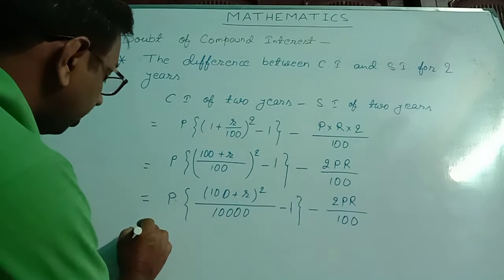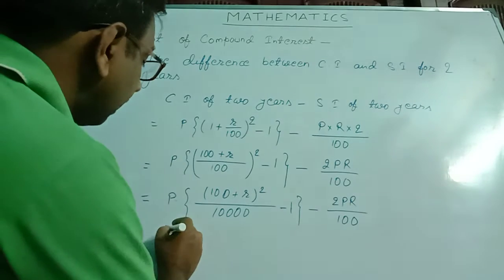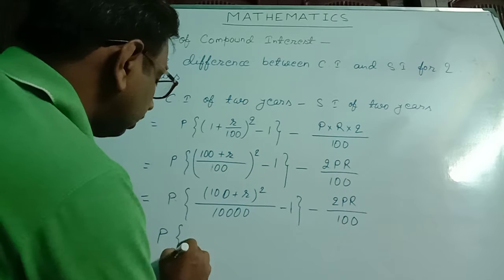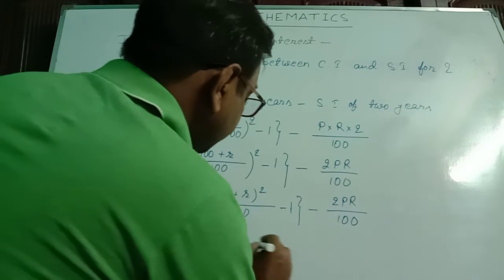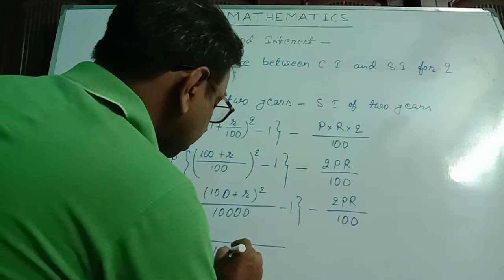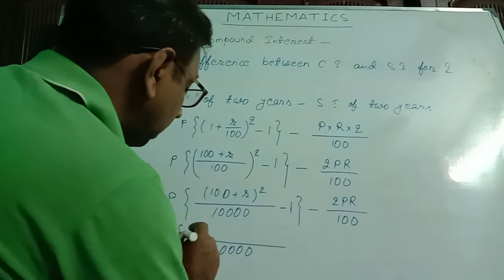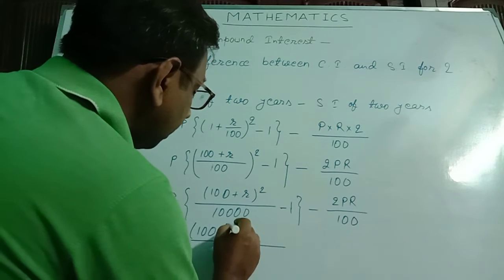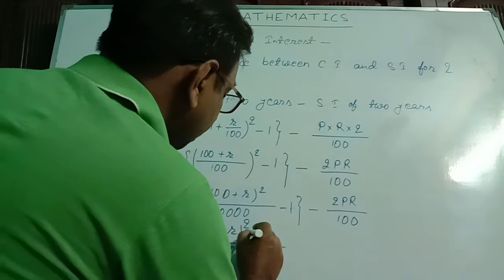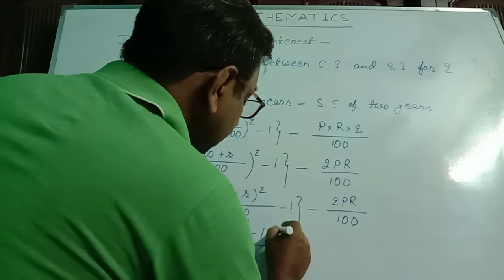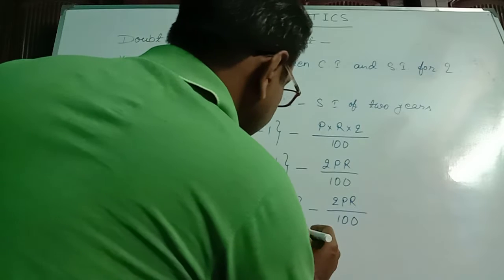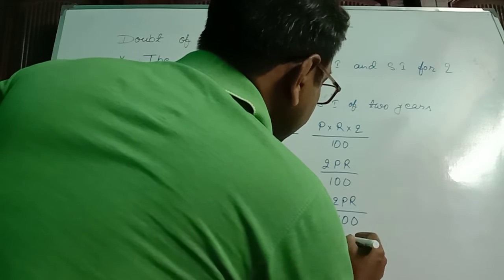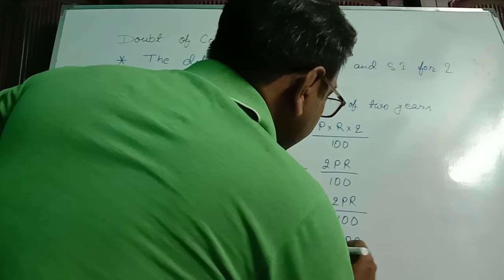Here one more step we can write that P into, LCM became 10,000, here is (100 plus R) whole square minus 10,000, bracket closed, and this side we have 2PR by 100.